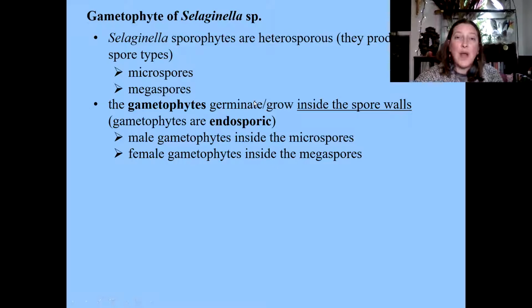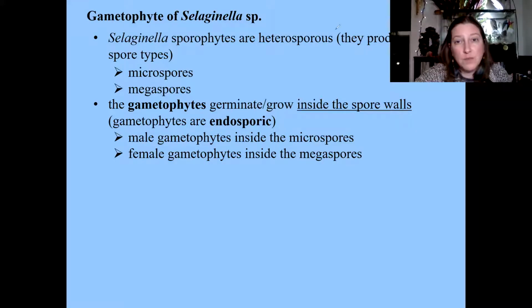So when you have microspores and megaspores, there's a few things that are different than we're used to. Number one is that when you have microspores, the gametophyte plants actually grow inside of the spore walls, which is something we haven't come across yet. If a gametophyte plant grows inside of a spore wall, it's called endosporic.